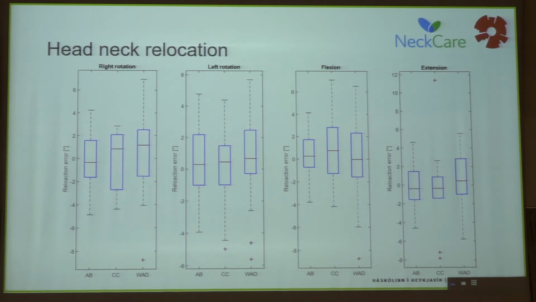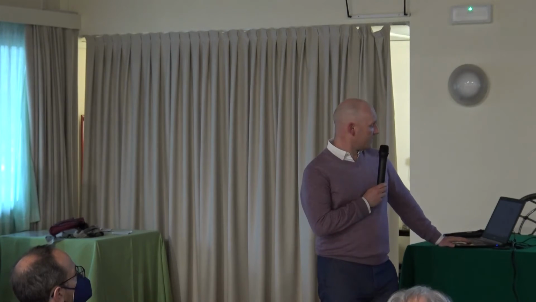So we start in a neutral position, rotate fully, and then ask the subject to find the initial position again. We're essentially looking at the difference between the initial and the final. The results from this were inconclusive. There is not a statistically significant difference between the groups for those movements.